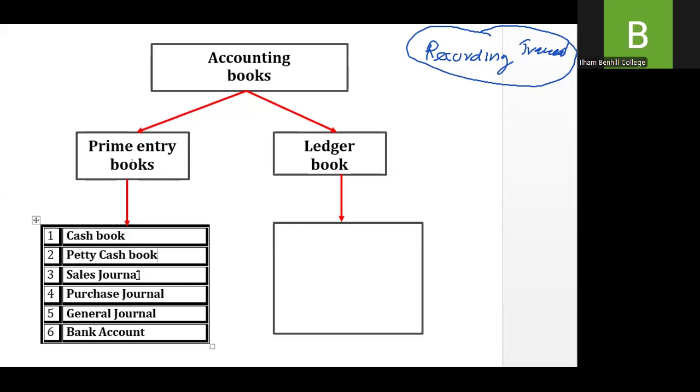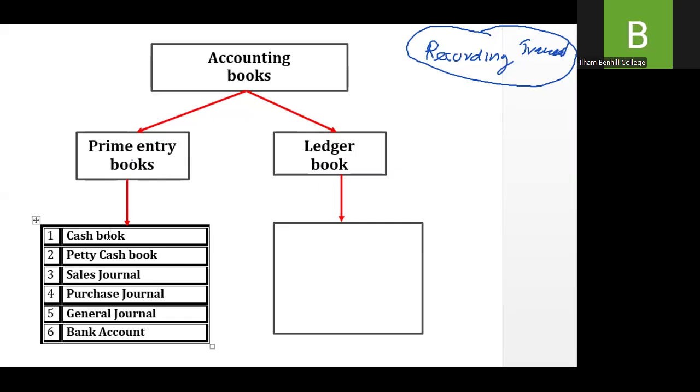For example, at school you have different subjects. You don't use the same book to write notes for all the subjects. For maths you have a different book, for science you have a different book. What will happen if you write all the notes in one book? It will be jumbled and very difficult for you to refer to and study. Likewise, we have different types of prime entry books to record transactions daily.